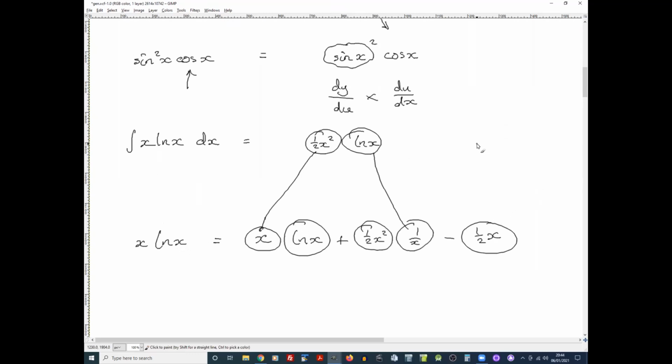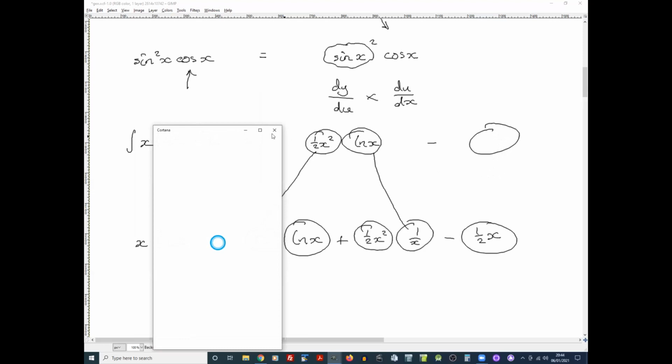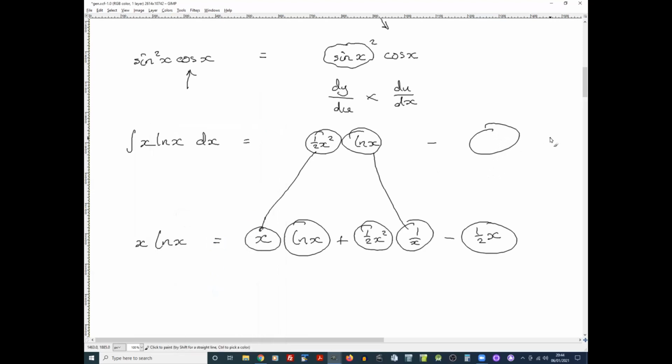So what happens? Minus a half x, which comes from x squared up there. The power will be 2, and the coefficient will be 1.